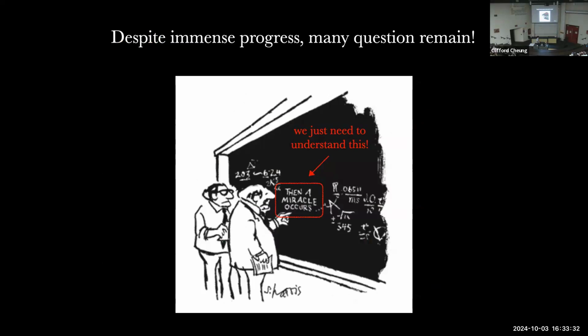Hopefully I've been able to convey to you that there are a lot of exciting things in scattering amplitudes if you just stare at them as objects that should be studied. But they all have the same flavor, which is that some magic thing happened, and we have no real clue why the miracle happened. As I said, there's not a symmetry statement or a Lagrangian statement for many of these structures.